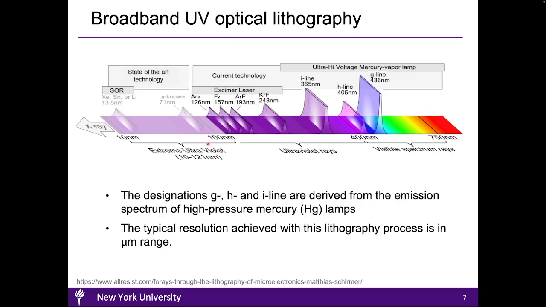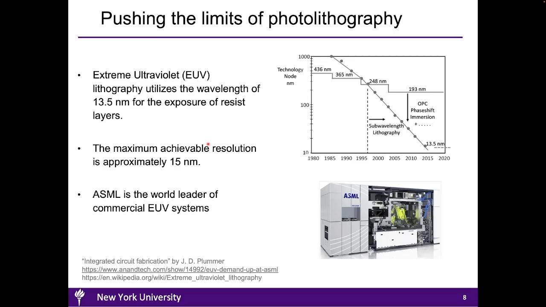the photolithography process. The plot here shows the historical trend and progress in improving the printing capabilities of photolithography systems. As can be seen in this plot, shorter wavelengths, going from 436 nanometers down to 193 nanometers, have contributed to the reductions of the critical feature size.